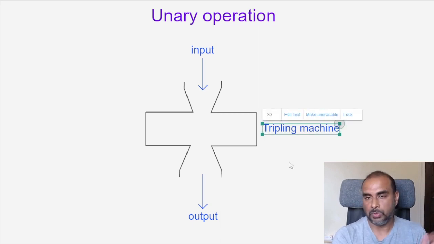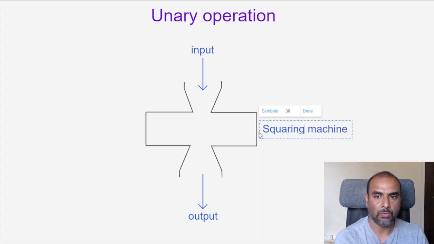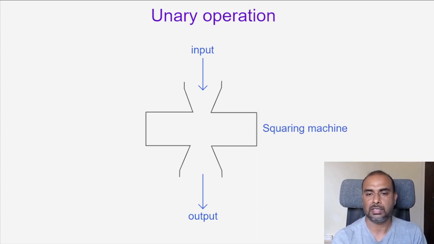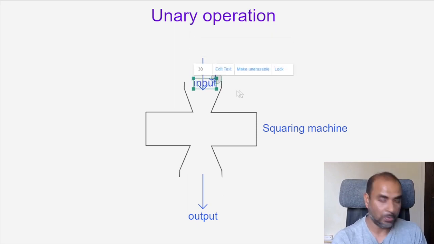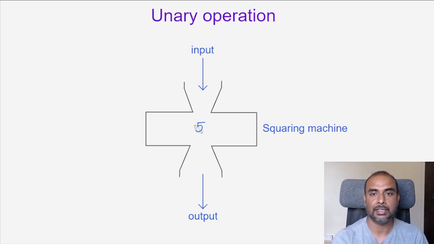Obviously we have other unary operations. You can have whatever comes in, add 2 to it, or a common one is whatever comes into it, let's square it. So if I put in 5, for example, and throw it into the machine, it will crunch, crunch, crunch, and it'll make it into 25, and 25 is the output.